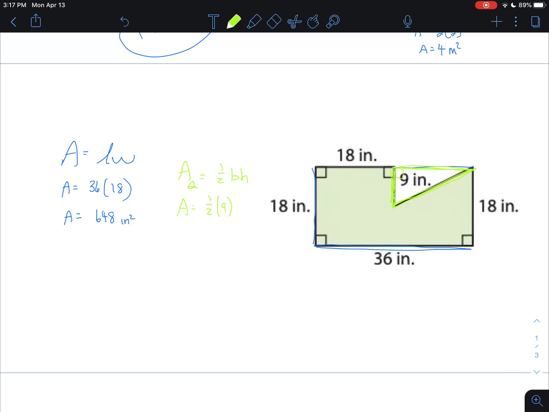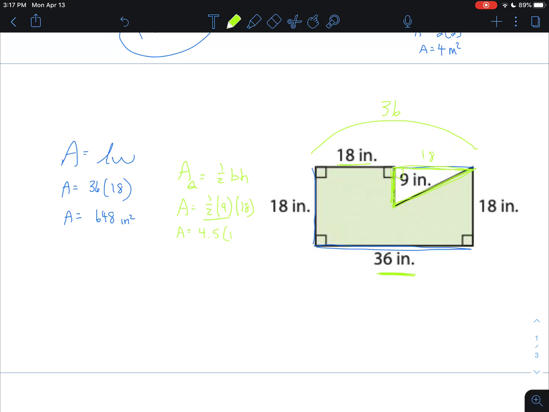So area equals 1/2 times 9, but we have to figure out the height. So matching this side down here, I know the whole thing is going to be 36. So if this piece right here is 18, that means this height of the triangle must be another 18.